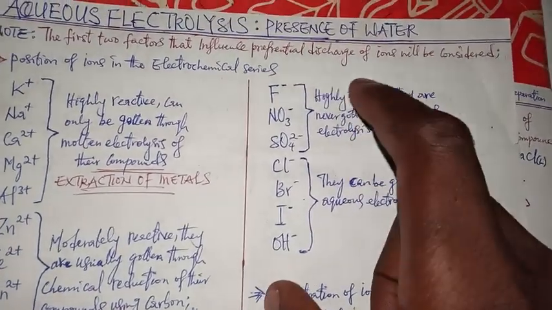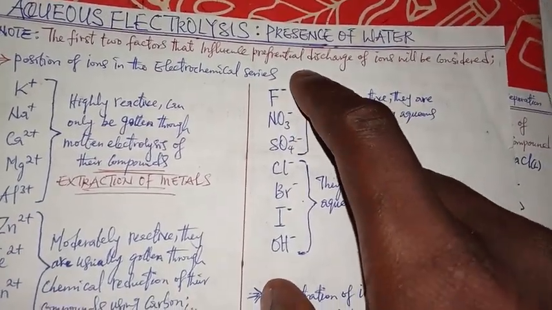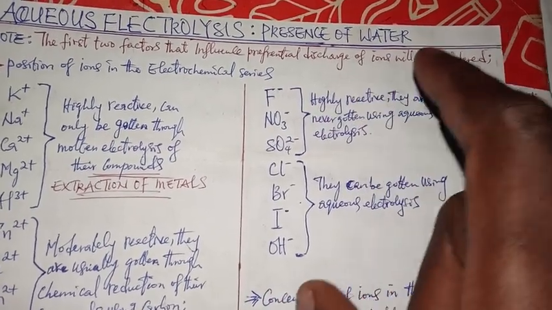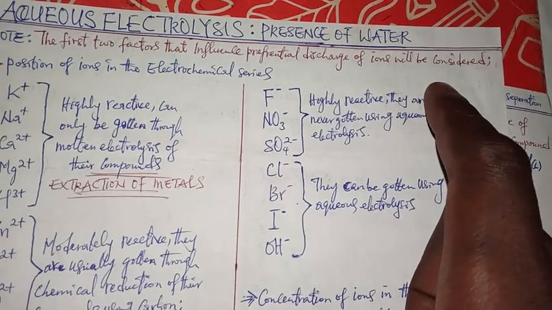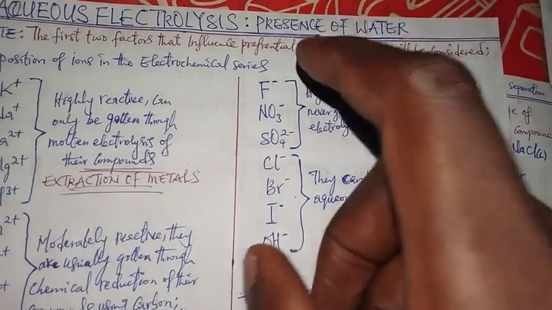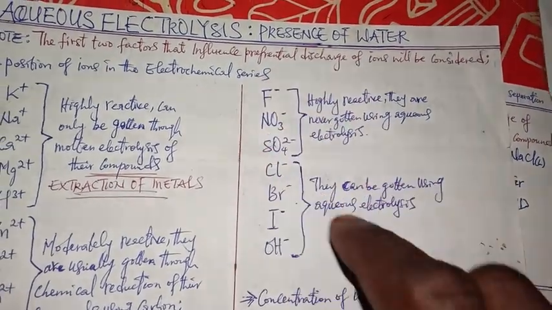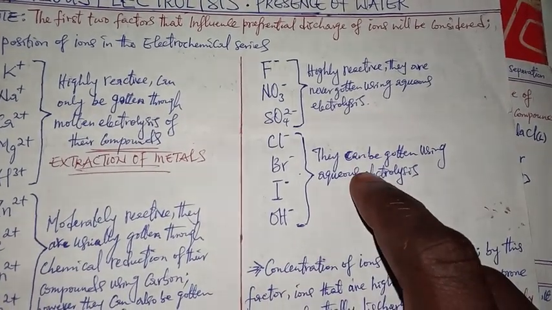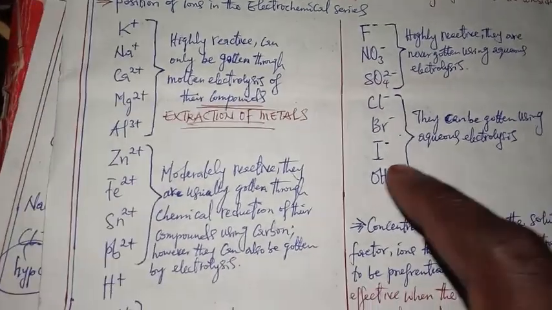The same thing applies here. The three that are most above are highly reactive, and they are not usually gotten from aqueous electrolysis. They can be gotten from molten electrolysis, especially fluorine. While the ones below, they can be gotten through aqueous electrolysis.